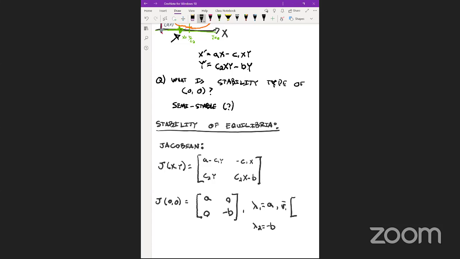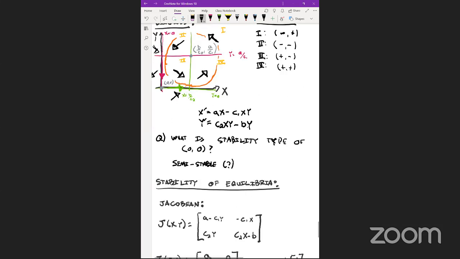We actually know the eigenvectors here. The eigenvectors are going to be (1, 0) and (0, 1). And we could actually draw our entire diagram. We're contracting along the predator axis, and we're expanding along the prey axis, and that's exactly what we saw up here.